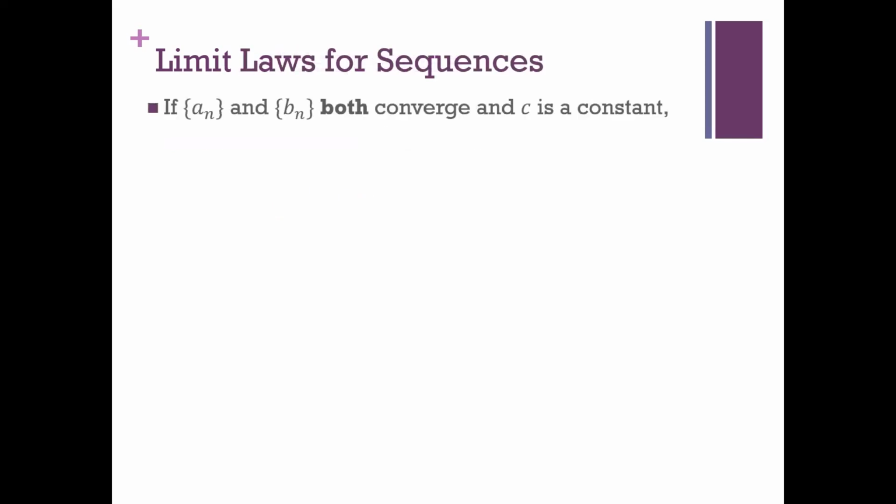So, a few things to rely on for limits of sequences. Let's say we have two different sequences, they both converge, so they both have their own limits, and C is just some constant.